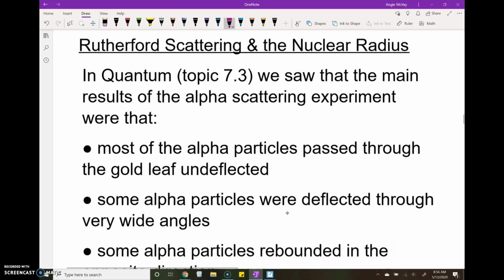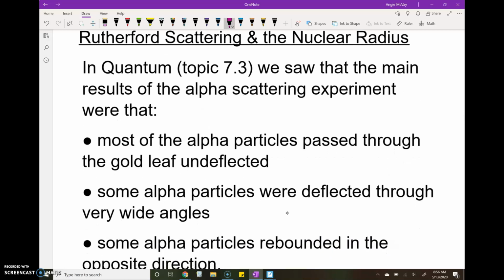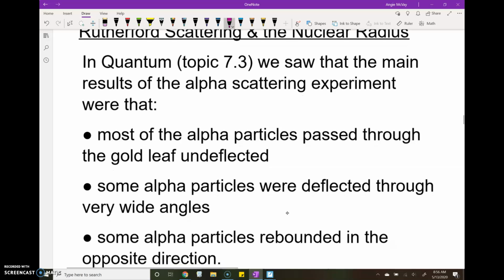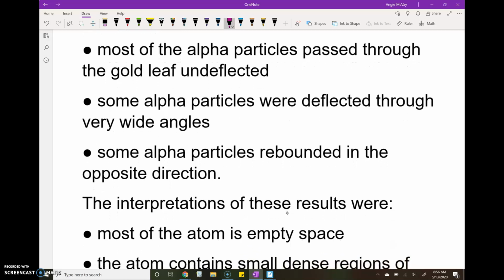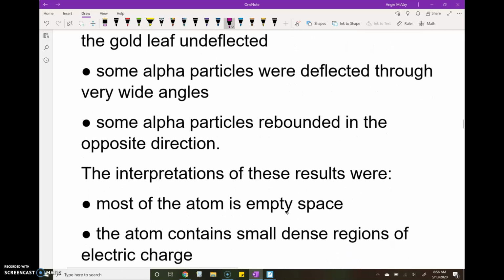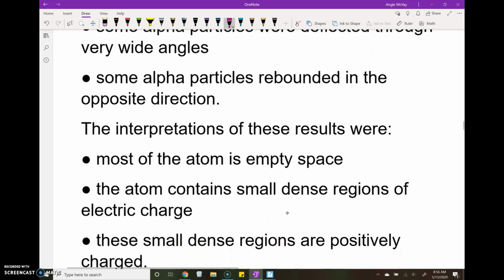So just remember the main results of that alpha particle gold foil experiment. Most of the alpha particles passed through the gold leaf undeflected. Some alpha particles were deflected through very wide angles, and some alpha particles rebounded in the opposite direction.